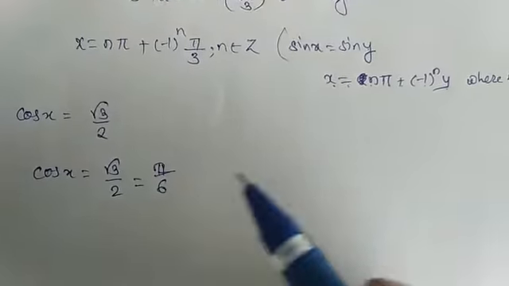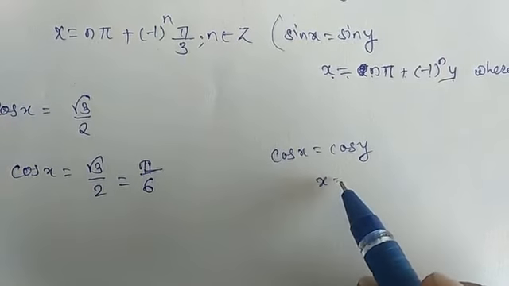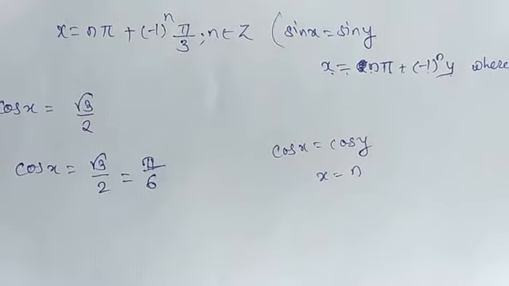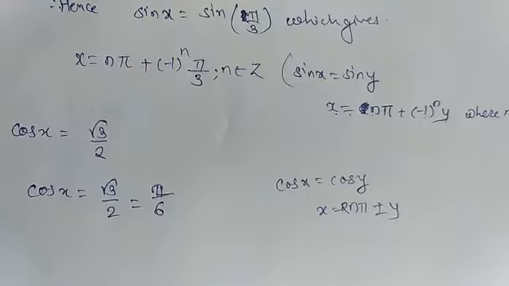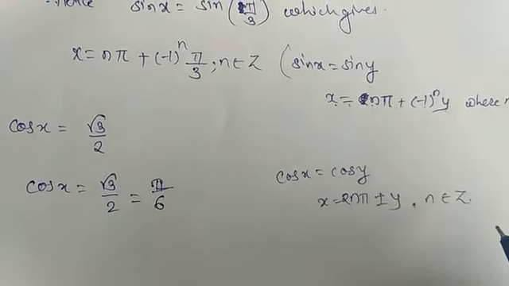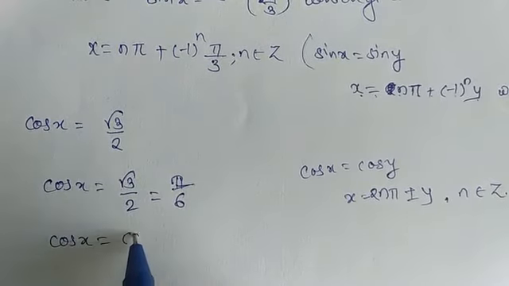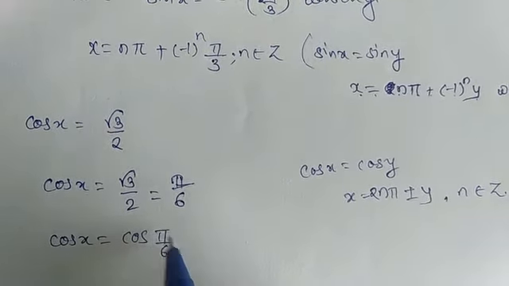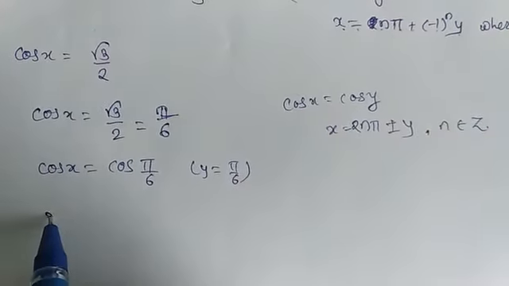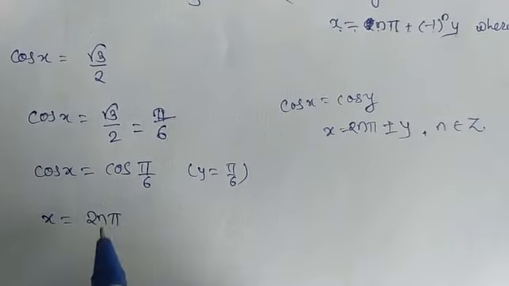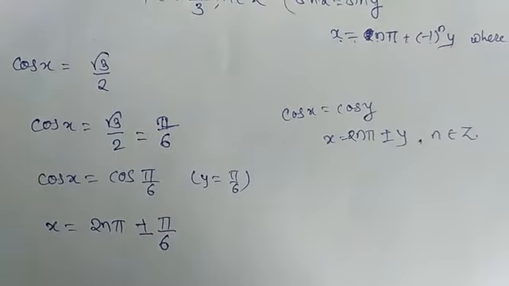We have the second theorem: if cos x is equal to cos y, then x is equal to twice n pi plus or minus y, where n belongs to Z. So here we can write cos x is equal to cos of pi by 6, which means the value of y is pi by 6. From this theorem you can write the general solution x is equal to twice n pi plus minus pi by 6, which is our required solution.